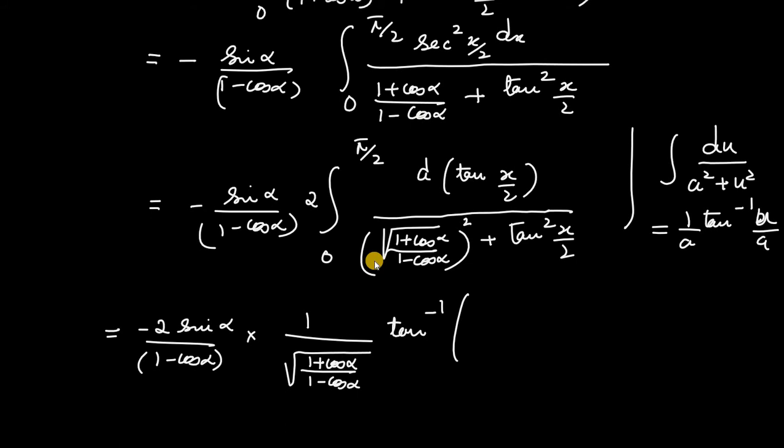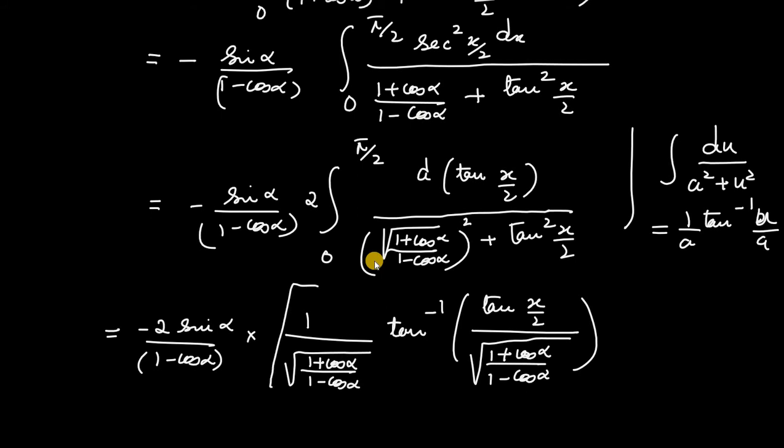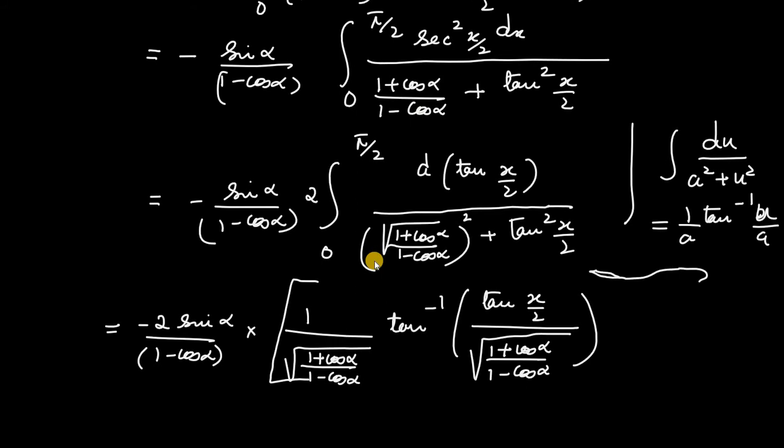What is u? It is tan x by 2. So tan x by 2 upon a. A again here is 1 plus cos alpha by 1 minus cos alpha. And the limit of integration here will be from 0 to pi by 2.